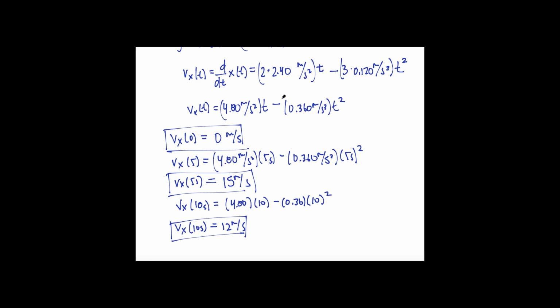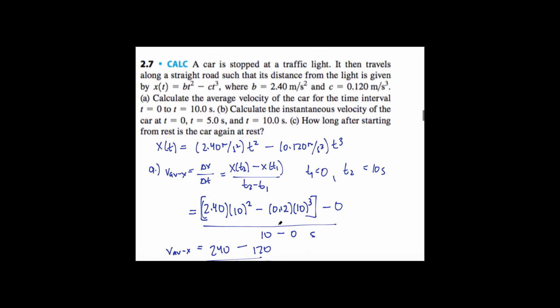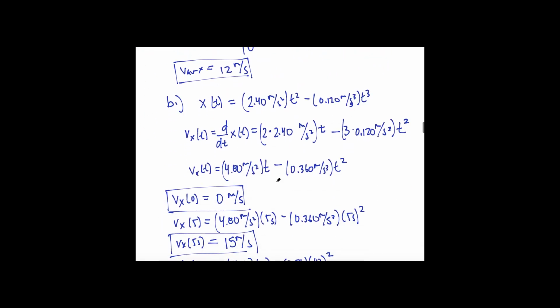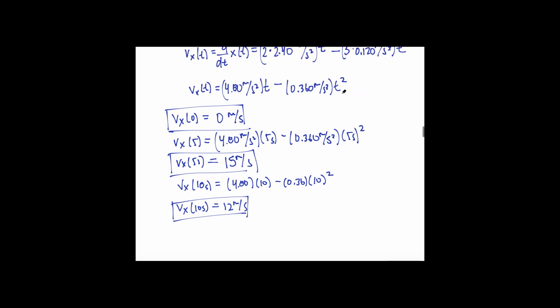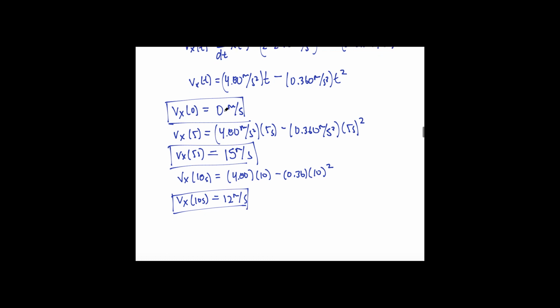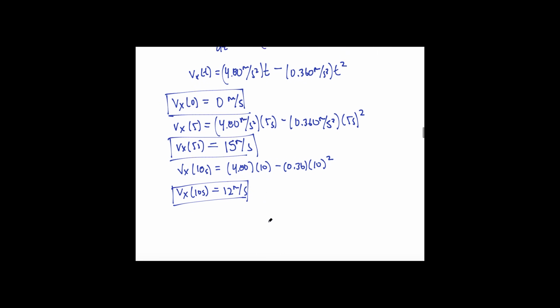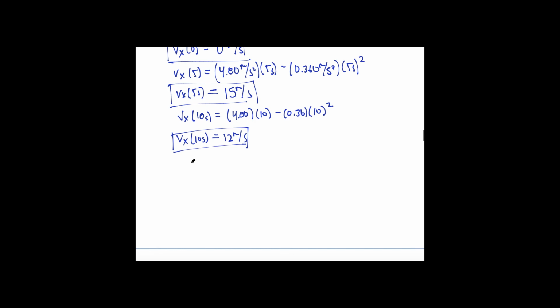my position function. Now, quick reminder, part C says how long after starting from rest is the car again at rest? So, in order to do this, I'm going to use my velocity function here. So I can see that this velocity function is a quadratic equation. And so that means that there should be two horizontal intercepts, or two x-intercepts, or time intercepts in this case.